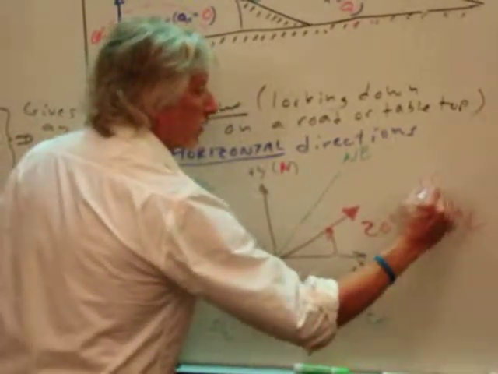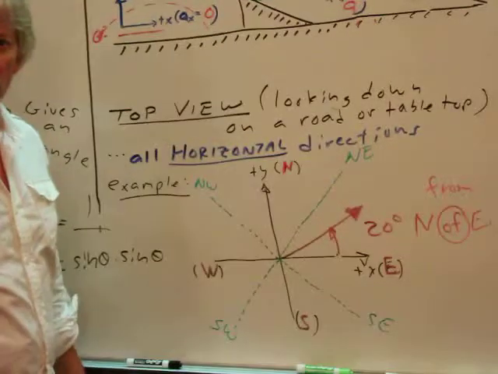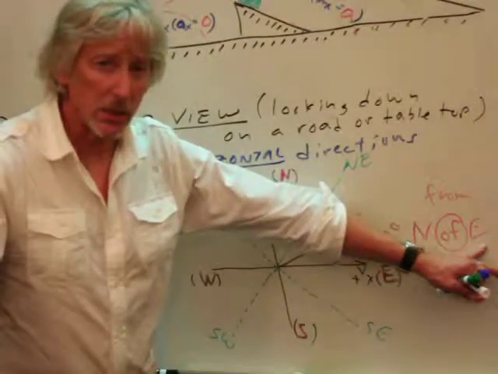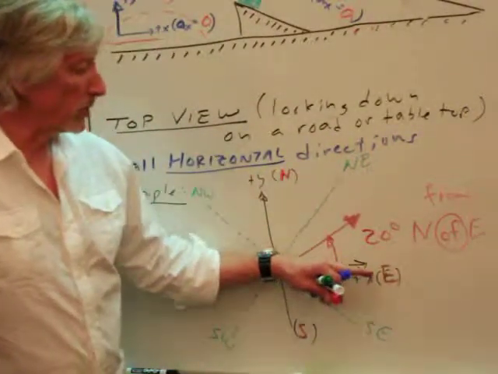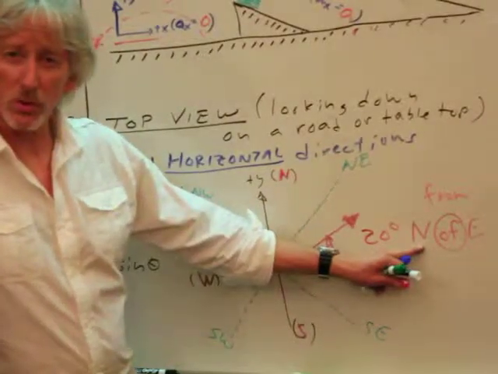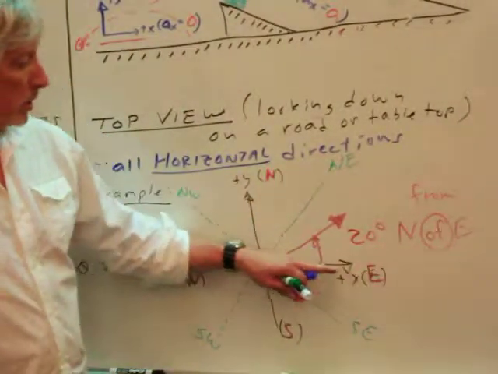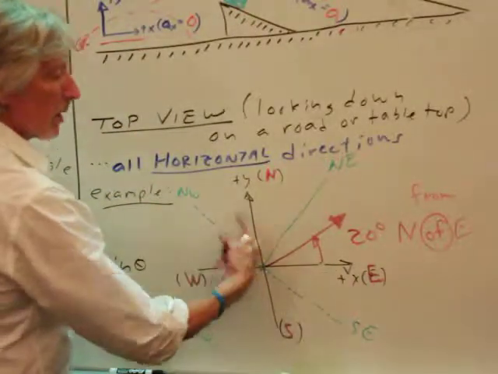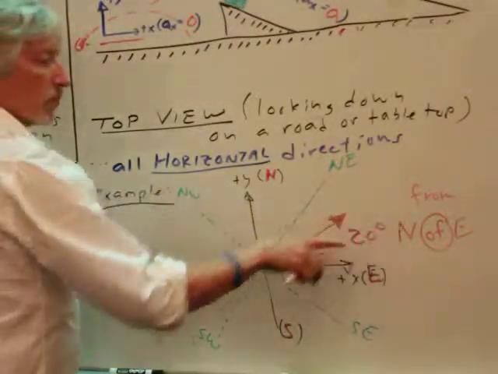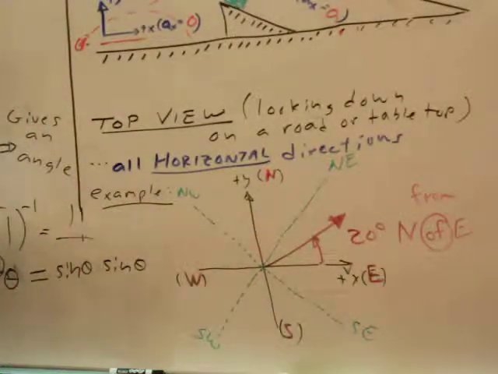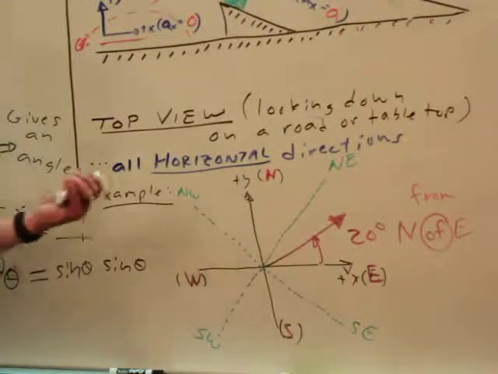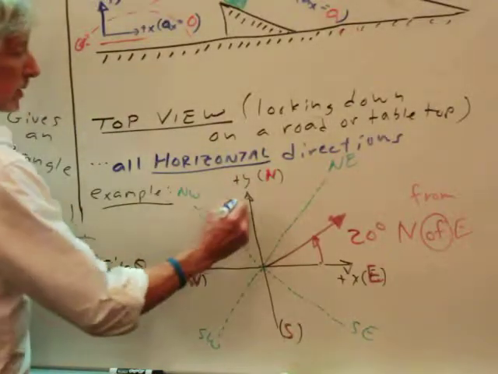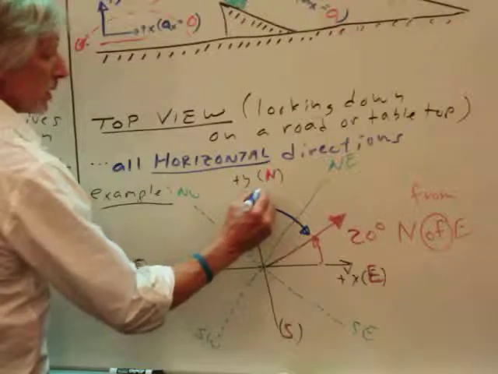And this word of, in a sense, really means from. So if someone said 20 degrees north of east, I start east, then I rotate 20 degrees, which way? Towards north. 20 degrees north from east, not 20 degrees north from west, 20 degrees north of or from east is the language we use. It's a little confusing, I know. Now that's the same, so if you said walk 20 degrees north of east, you'd walk that way. If you said walk 70 degrees what?